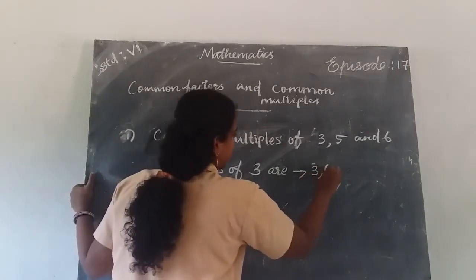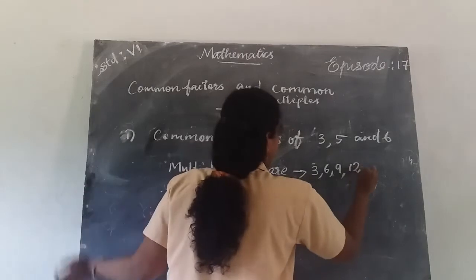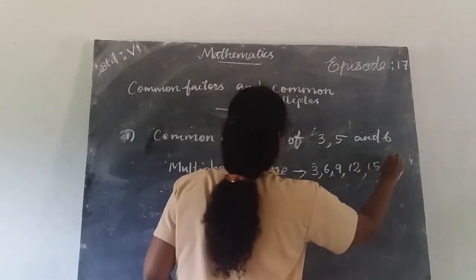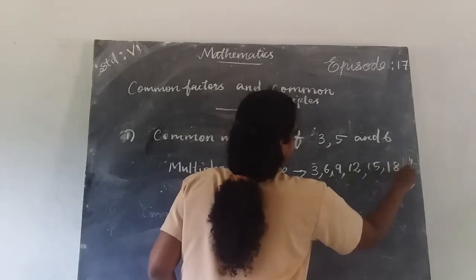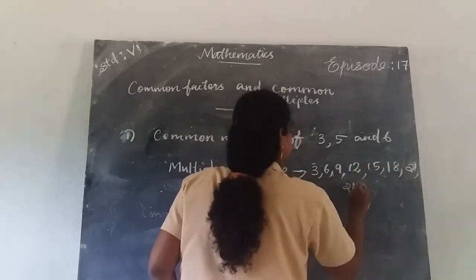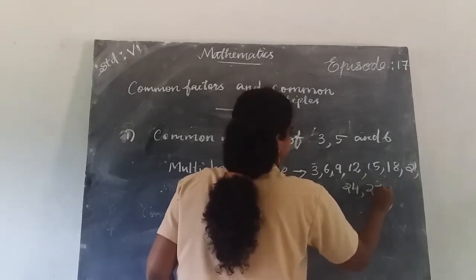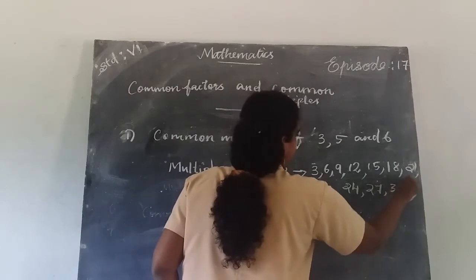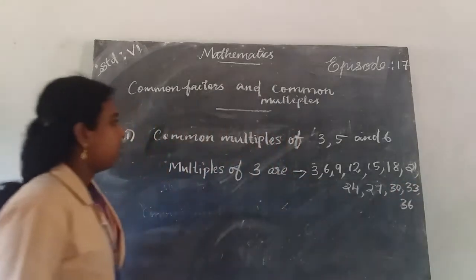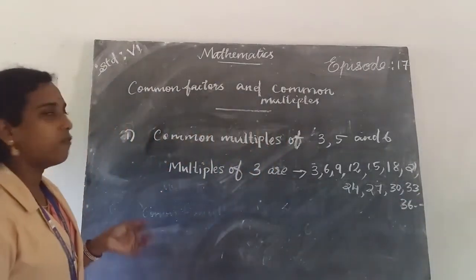Then 2 3s are 6. 3 3s are 9. 4 3s are 12. 15, etc. These are the multiples of 3.